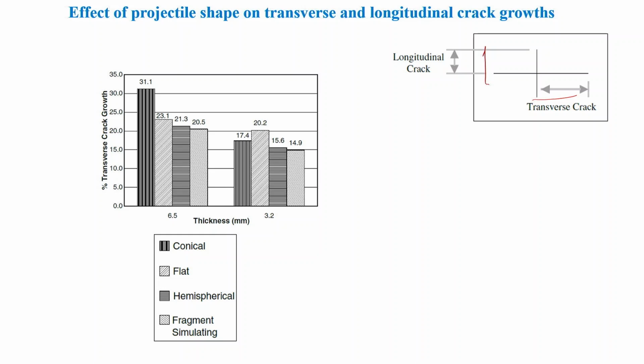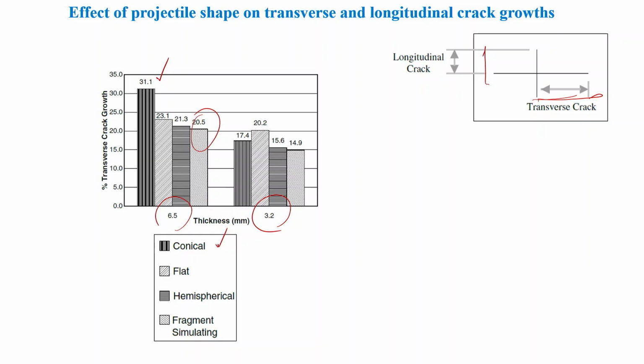Now, here we can see this is for 6.5 millimeter, this is 3.2 millimeter, and this plot is for transverse growth. Where you will see the conical, although it is absorbing higher energy, mainly due to the crack growth, the crack growth is maximum, and for fragmented the crack growth is minimum.